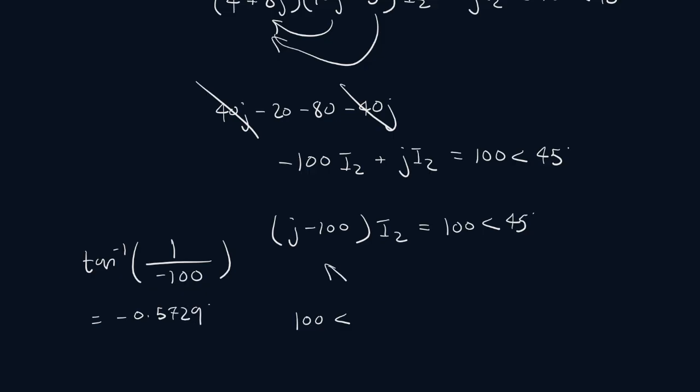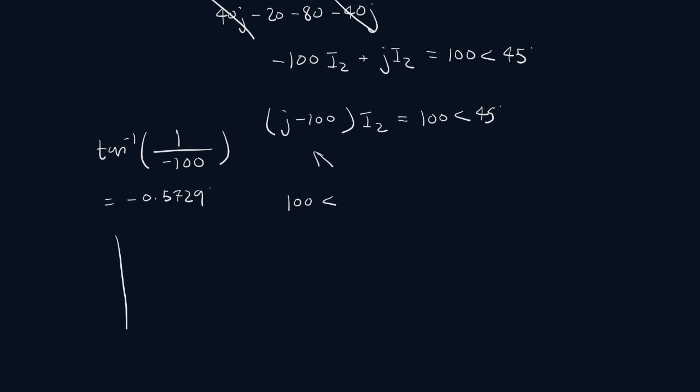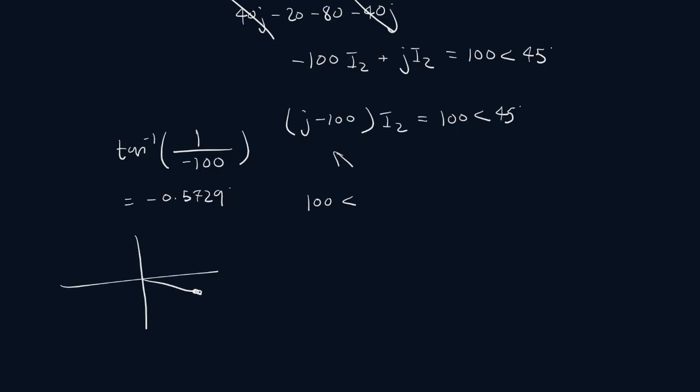And let's double check this on the Cartesian plane. That point is right here. Then 1 is on the imaginary axis, so it's up here. Then minus 100 is on the real axis, so it's going to be somewhere here. So we'll probably have to add or subtract 180 to move this here.